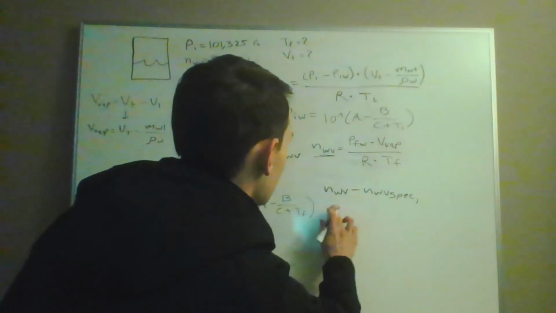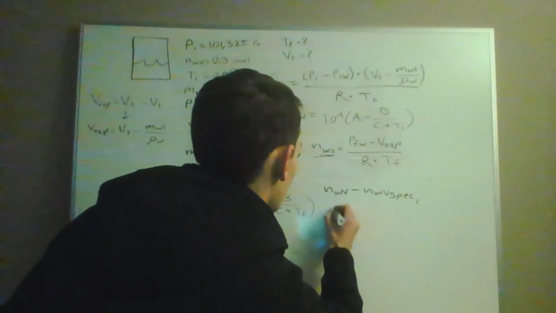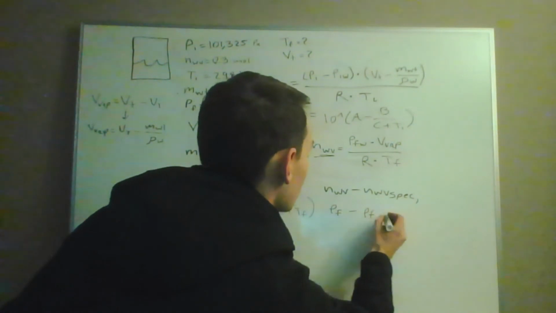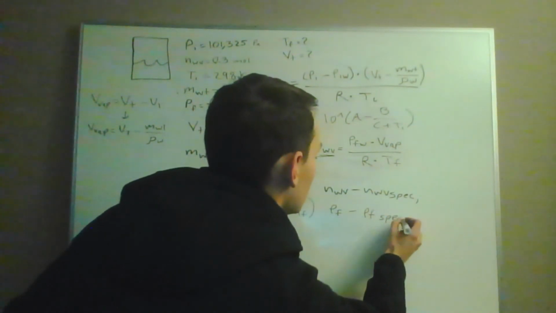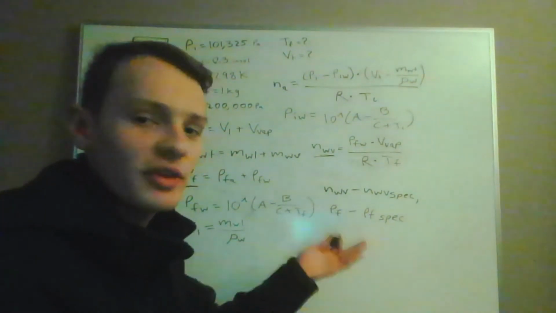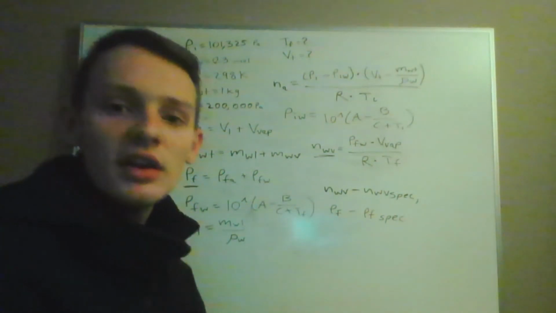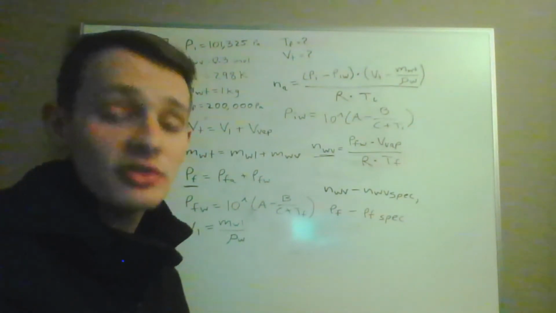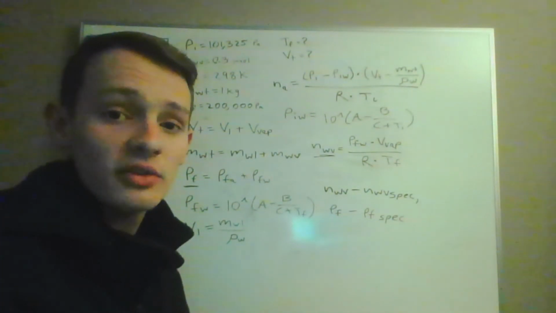We would have the final pressure subtracted from the final pressure that we specify. And obviously, we want these to be the same. And if they're the same, the difference is going to be 0. And that's what the root function is going to be super effective for in the next part of this video.